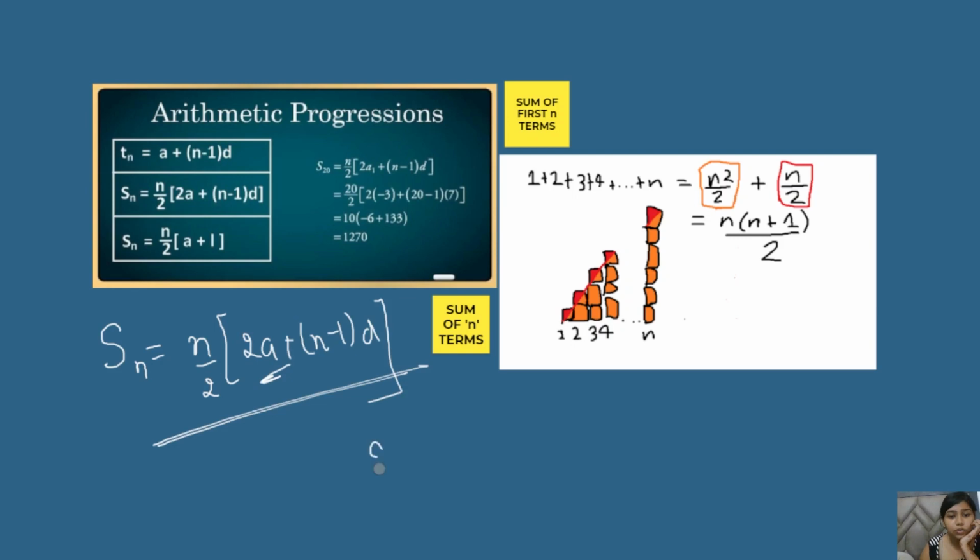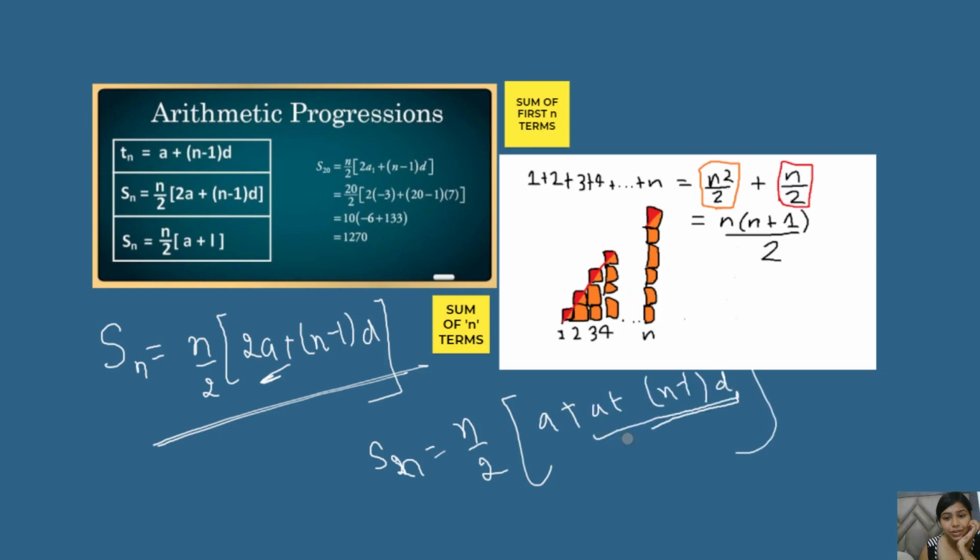You can also write it as Sn equals N by 2 into A plus the last term, where the last term AN is symbolized as L. This is also another formula.